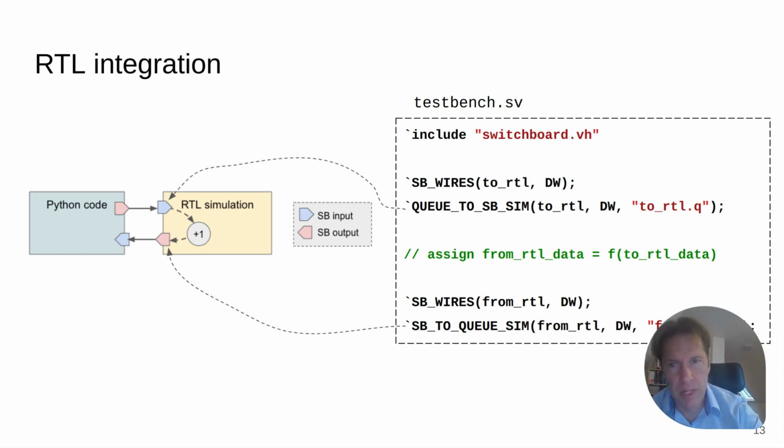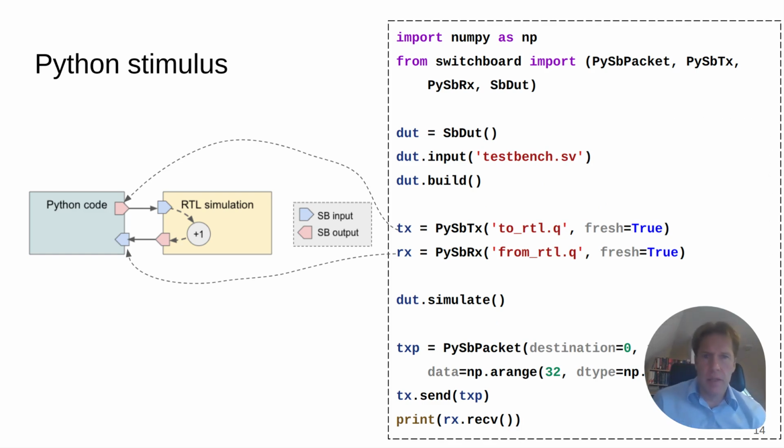On the Python side, besides being a fairly traditional Python program, we do need to instantiate this device under test, this switchboard object, and also call in the SystemVerilog file for elaboration, and then instantiate again the queues that we named in the RTL code.